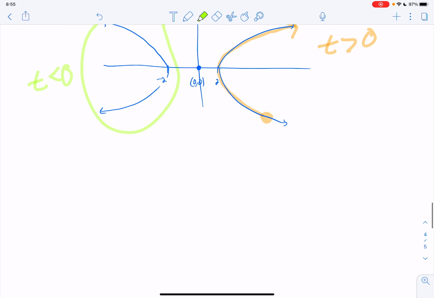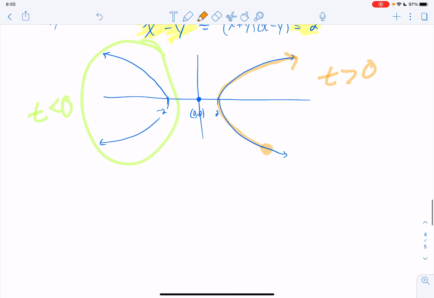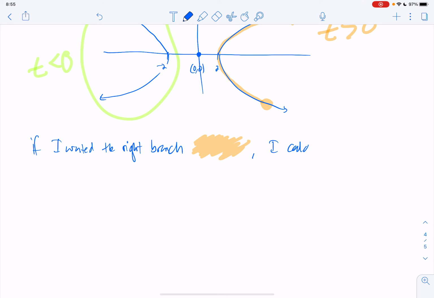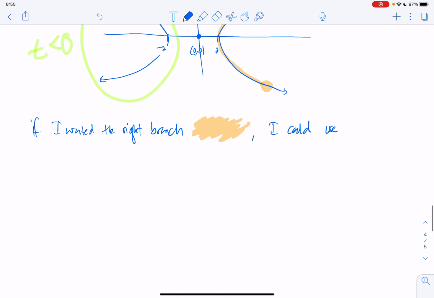It might be worth noting that if I did want to get this curve, this one I highlighted in orange here, the right branch, I could use the following options for parametric equations.